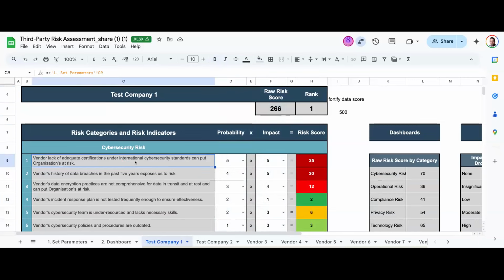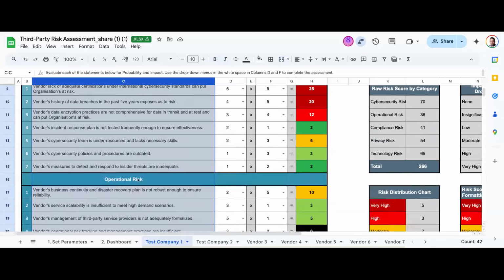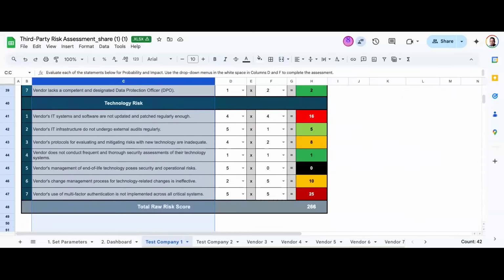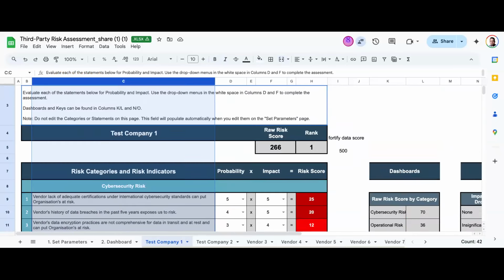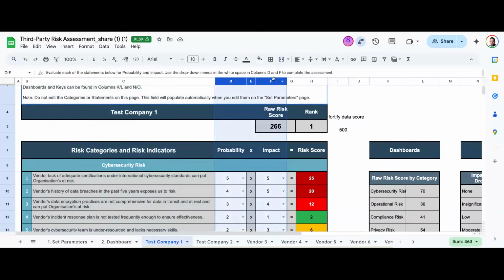Okay. So for any business, these risk types will remain the same. You're able to see cybersecurity risk, operational risk, compliance risk, privacy risk, technology risk. These are all the types of risk related to a third party vendor. However, every business will have different probability and impact based upon what?